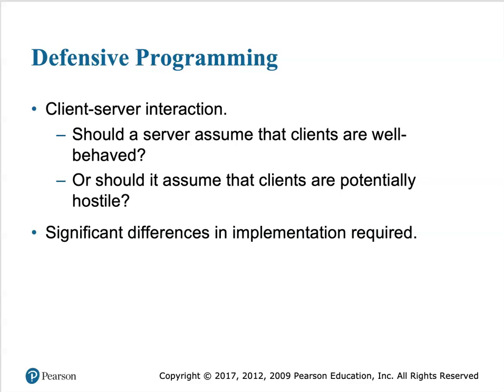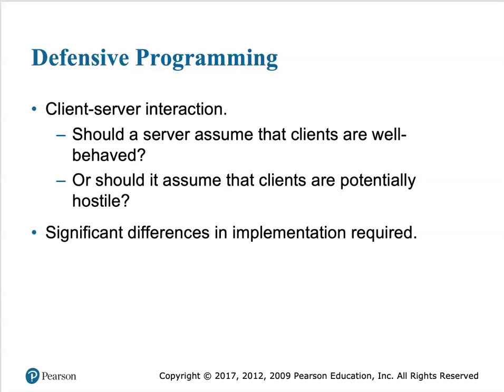As we think about reporting the errors, let's bring in the concept of defensive programming. Remember that the client object asks the server object for information. So we're making a method call, and then the server is going to reply with information back to the client. Now, that client object may be passing parameters into the method. And one of the things that we need to ask ourselves is, should we have error checking code on the server side?